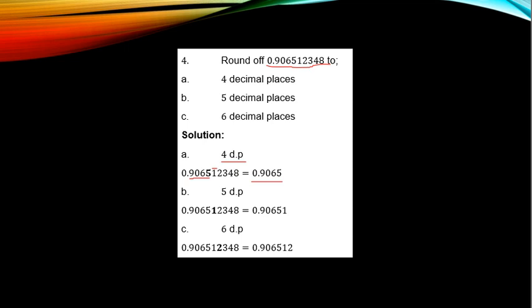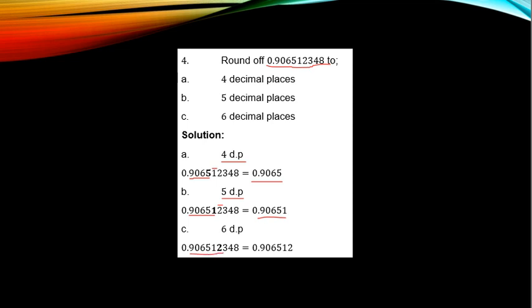Okay? For 5 decimal places, we are interested in the first 5 digits after the point. That is 90651. The next digit is 2, and 2 falls in the category of rounded down to 0. You add 0 to 1, it remains as 1. So for 5DP, you have 0.90651. C part is 6DP. It means the first 6 digits after the point, that is 906512.